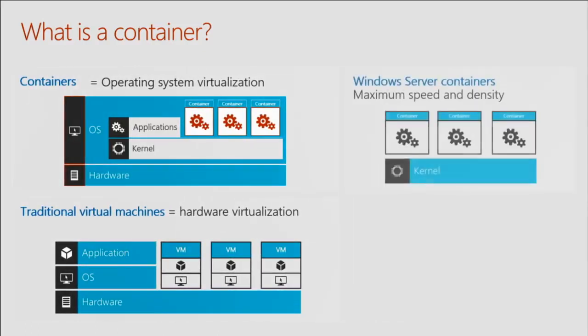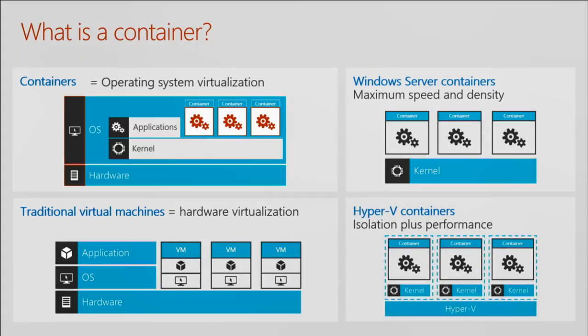Now, what's kind of interesting here is that there's two flavors of this in Windows Server. There's what's called a Windows Server container, where you have one shared kernel that all the containers use. Or you can go for a more isolated model where we use Hyper-V. We bring in Hyper-V, we add container technology to that, so each of your containers now is running on its own dedicated kernel, courtesy of Hyper-V extensions.